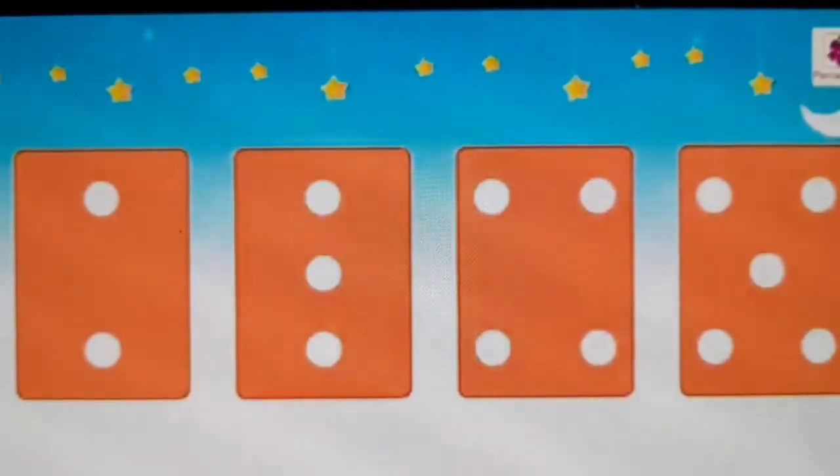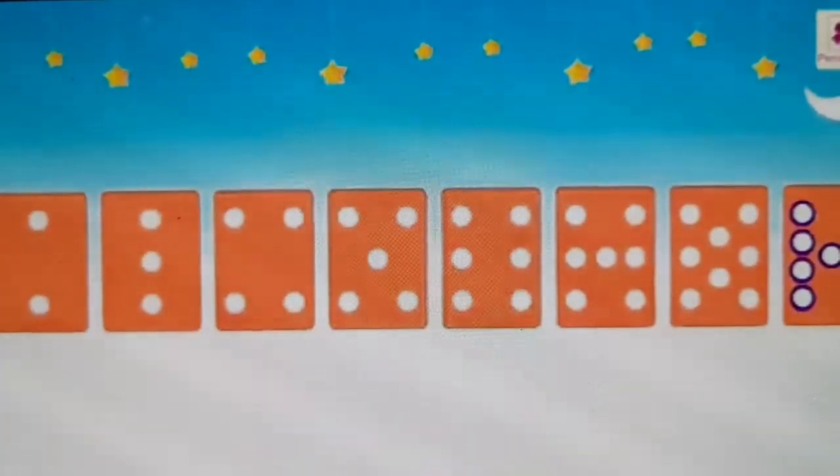Kids, let us follow the same pattern and find out the next 4 cards. Yes, correct. The next cards will be with 6 dots, then 7 dots, then 8 dots, and lastly 9 dots.